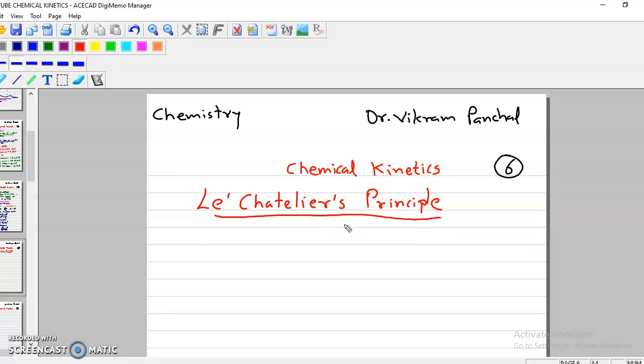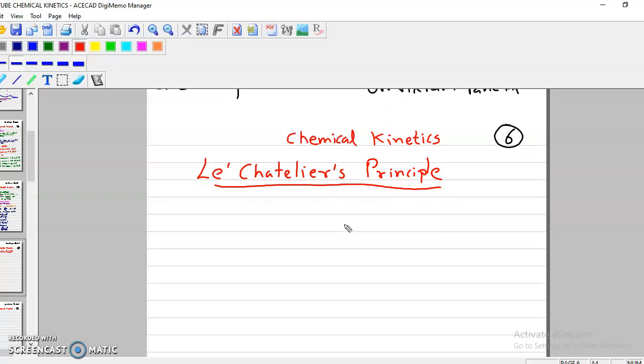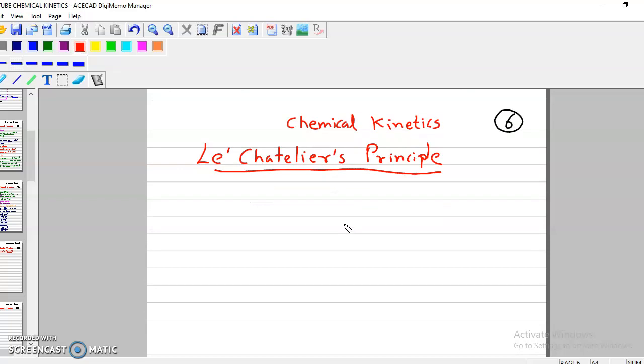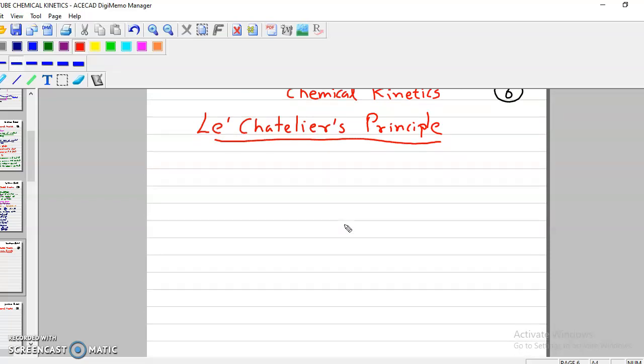It says that at equilibrium, if you change any external factor like temperature, concentration, or pressure, there will be a change in the equilibrium state. Okay, and the change is according to the change in the external factor. So let us know Le Chatelier's principle.